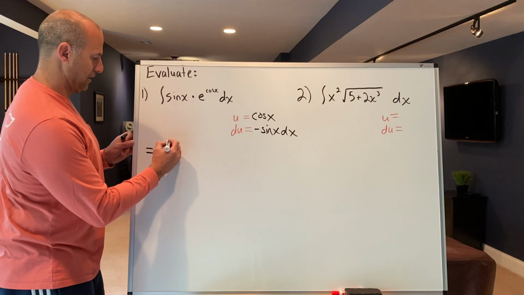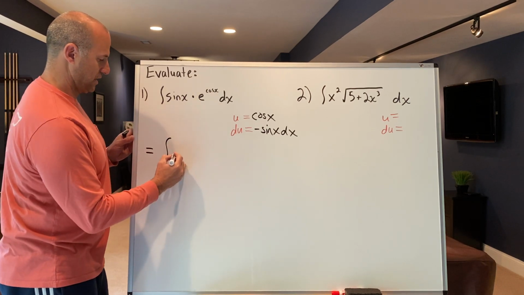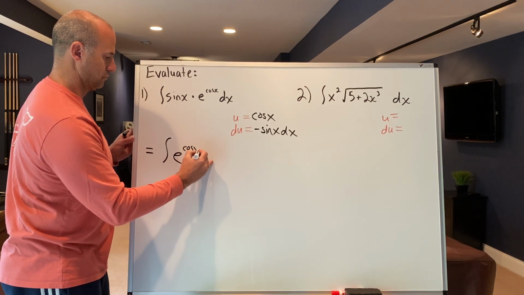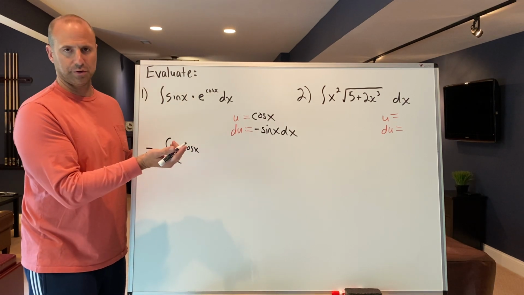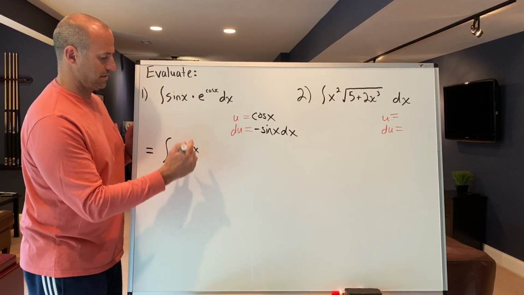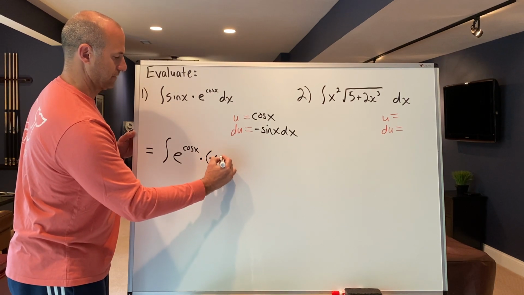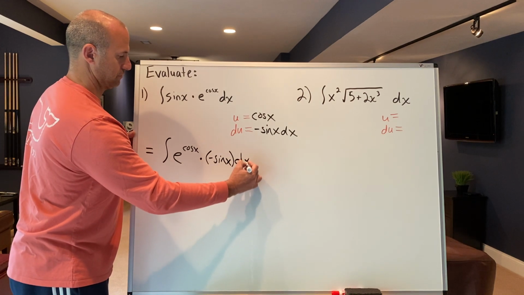I'm going to write this as the integral of e to the cosine of x, okay? And then instead of times sine of x, I'm going to write it times negative sine of x. And of course, don't forget about your dx.